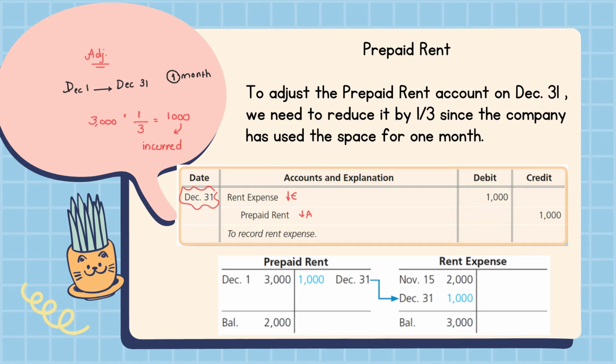Okay, so if you look at your T accounts for the prepaid rent on December 1st, we debited 3,000 and now we credited 1,000. So you have 2,000 left. 2,000 still prepaid. You can use this property for 2 months more. While for the rent expense, you're gonna record only the amount incurred, used, the 1 month period only.